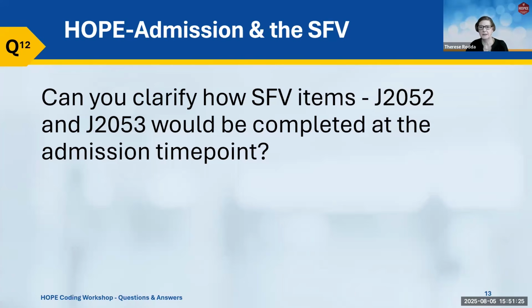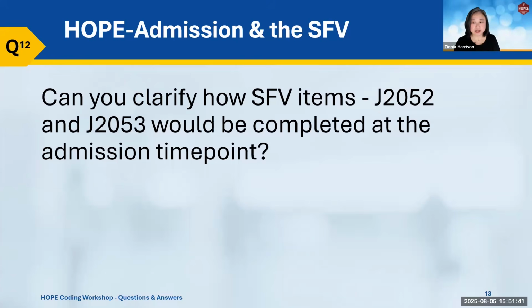This data, once collected, would be added or attached to the admission, but keep in mind that the SFV may fall beyond the 5-day admission assessment timeframe because of the 2 calendar days to complete.